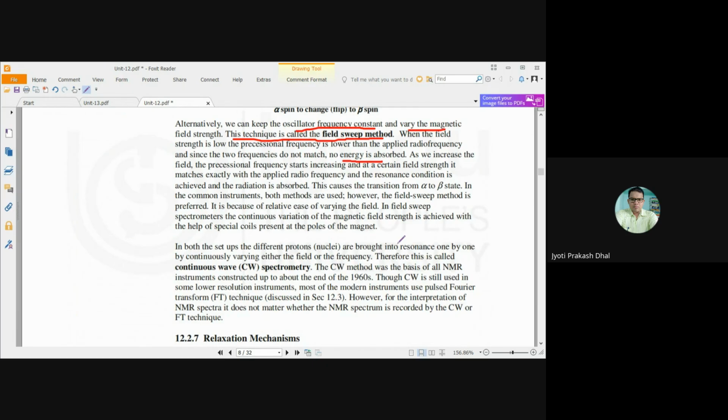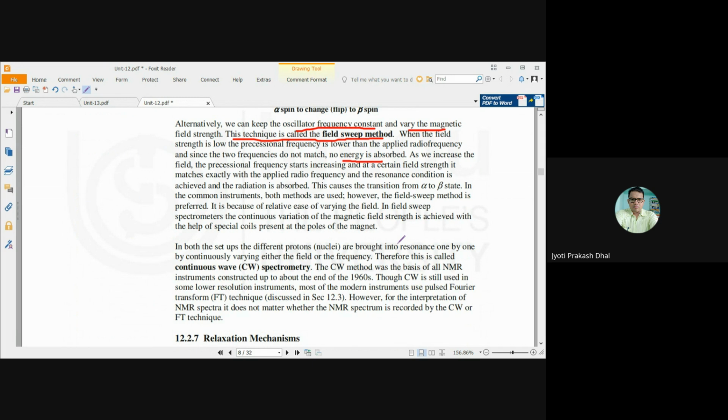However, the field sweep method is preferred, because it is comparatively easy to vary the field. In the field sweep spectrometer, the continuous variation of magnetic field strength is achieved with the help of a special coil present in the poles of the magnet.